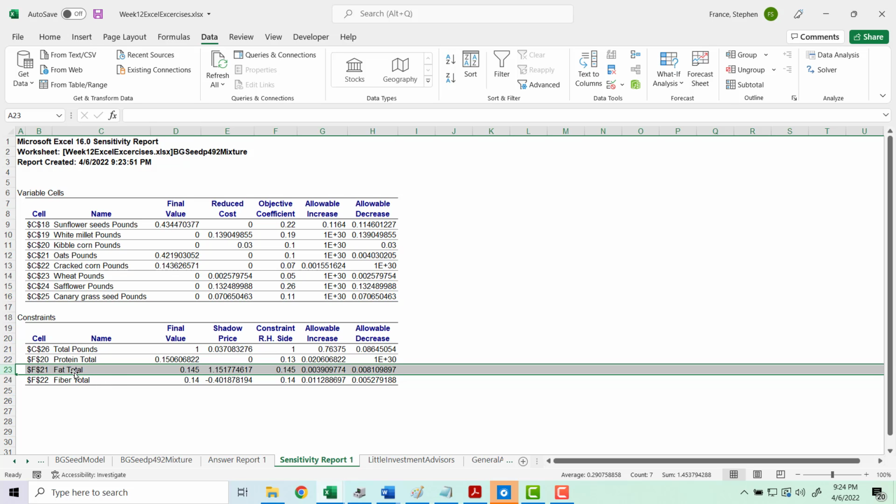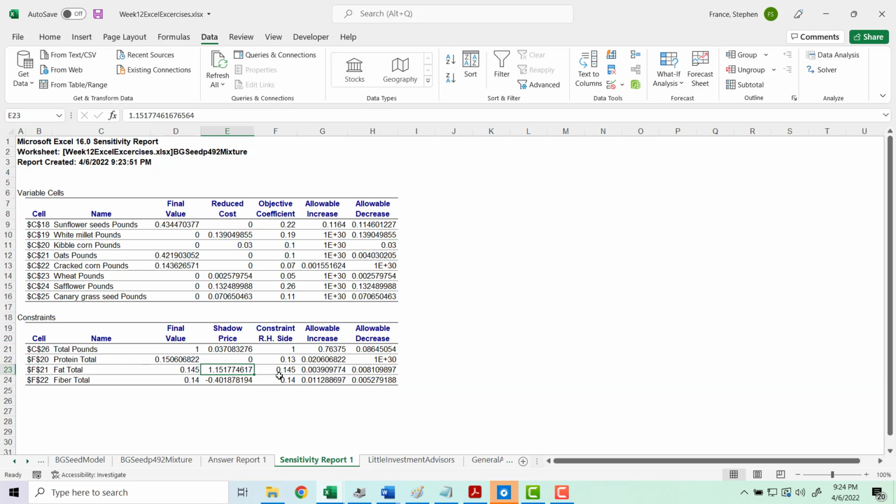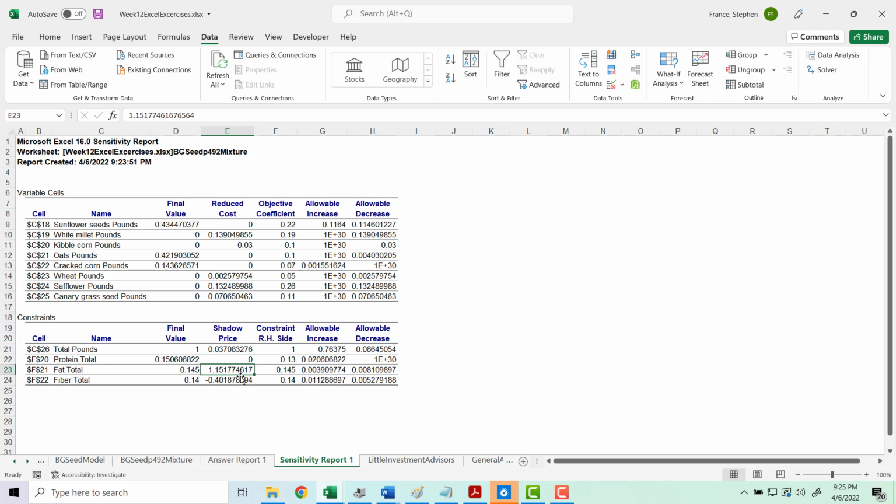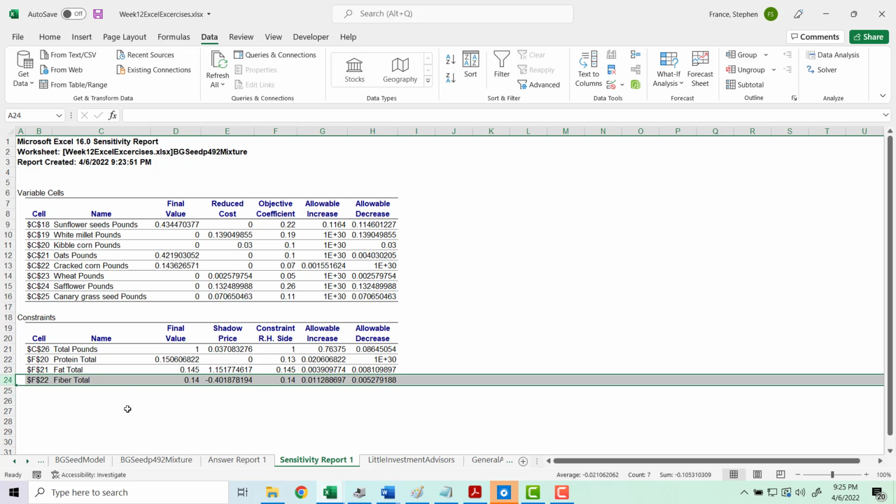For each increase of 1 in the fat required, this would actually increase our cost quite significantly. And for each increase of 1 in the fiber required, that would decrease our shadow price quite significantly.